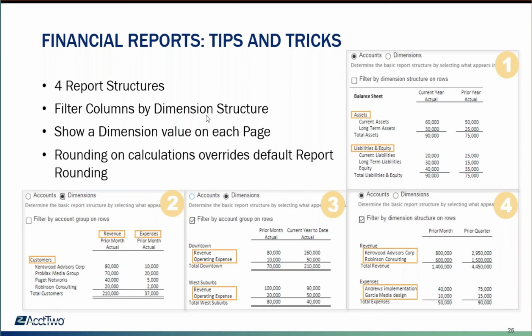There is a default setting for rounding on these financial reports in the Format tab, and it is the default for the whole report that you're creating, but those defaults can be overridden by rounding options that are sitting anywhere you do a calculation.